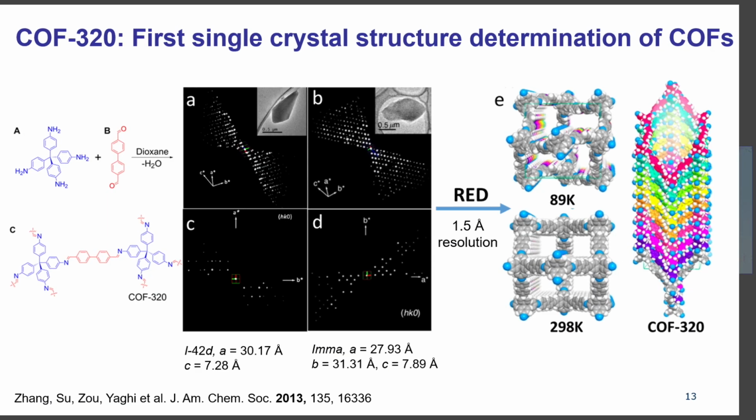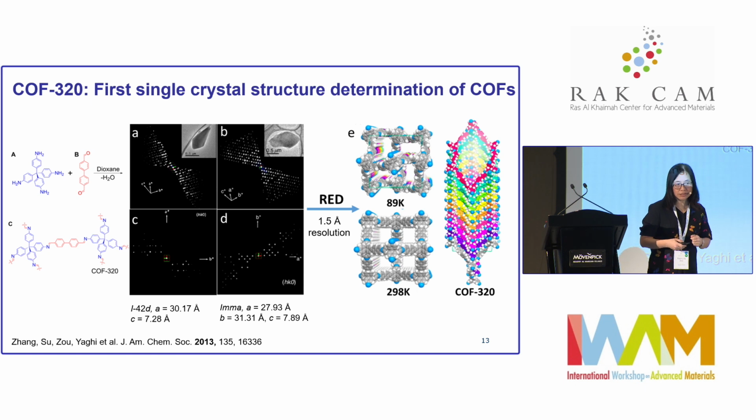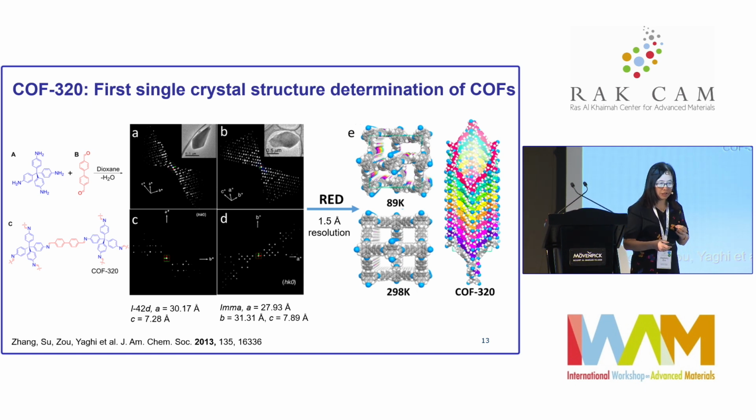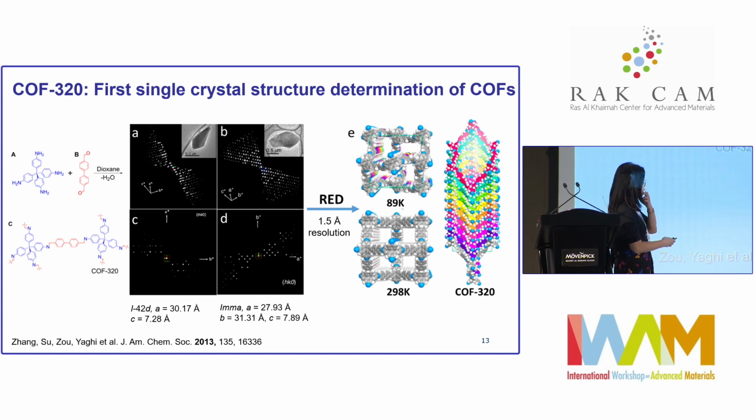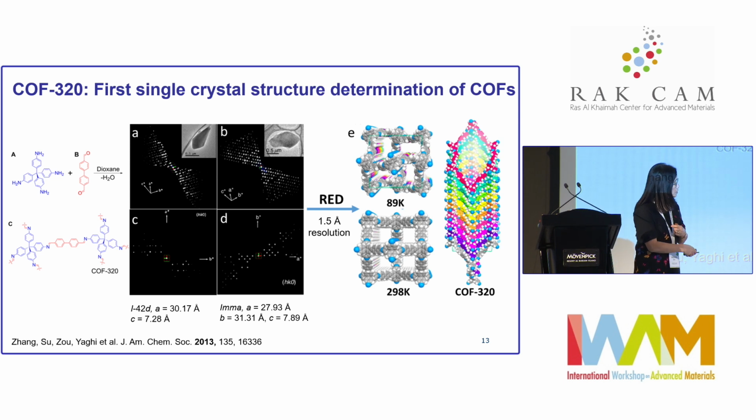We have also, in collaboration with Omar Yaghi's group, determined the first single crystal structure of a COF, a covalent organic framework. Interestingly, the structure is different at different temperatures, and we could study both the structure at low temperature and high temperature.